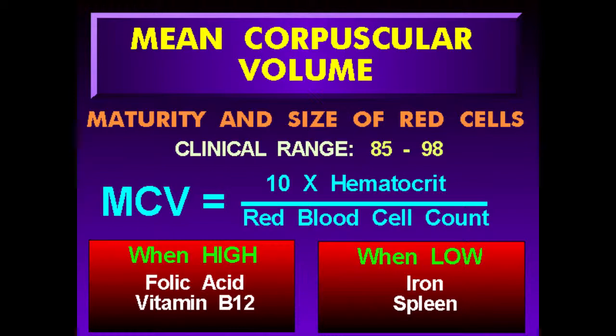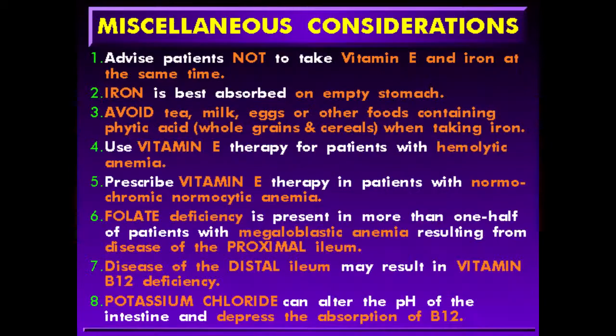The formula is calculated by multiplying the hematocrit by 10 and then dividing this by the red cell count. When the MCV is high, prescribe folic acid and vitamin B12. And when the MCV is low, give the patient iron and spleen glandular.